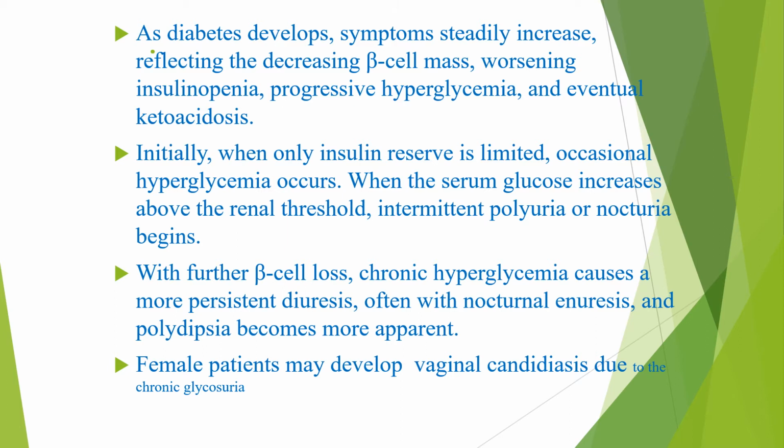Initially, when only insulin reserve is limited, occasionally hyperglycemia occurs. When the serum glucose increases above the renal threshold, intermittent polyuria or nocturia begins. With further beta cell loss, chronic hyperglycemia causes a more persistent diuresis, often with nocturnal enuresis, and polydipsia becomes more apparent. Female patients may develop vaginal candidiasis due to the chronic glucosuria.